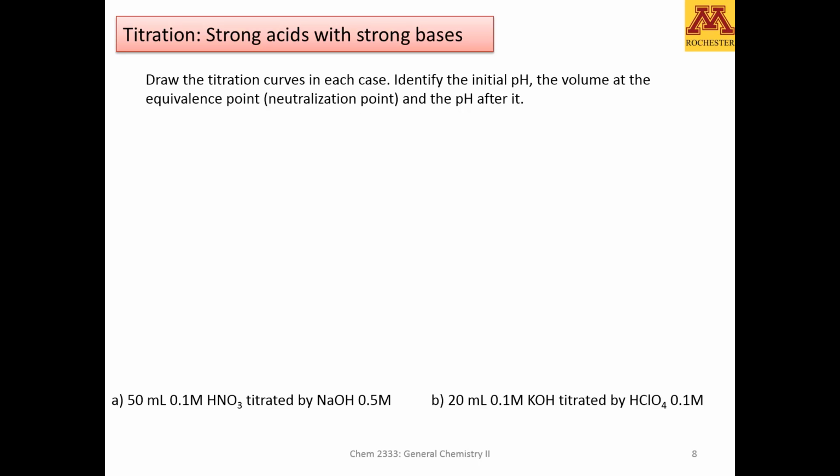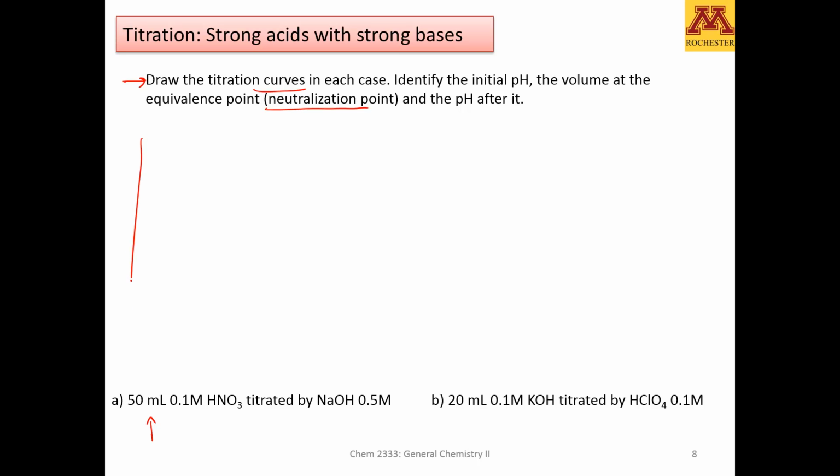For example, in this case, it's asking us to draw two titration curves. In each case, you have to identify the initial pH, the volume at the equivalence point, or if you will, sometimes the equivalence point is called the neutralization point, and the pH after the equivalence point. In this first case, you have 50 milliliters of 0.1 molar nitric acid being titrated by sodium hydroxide.